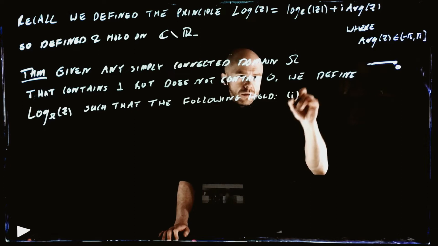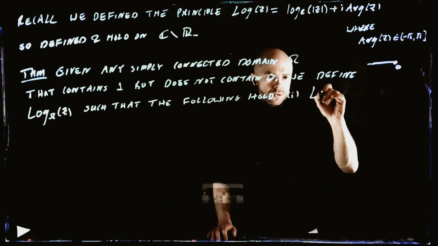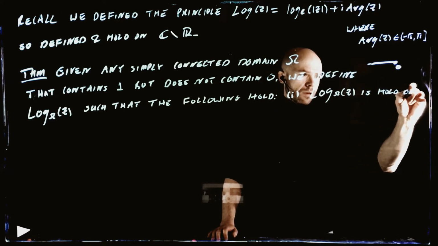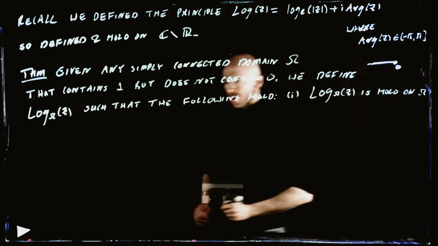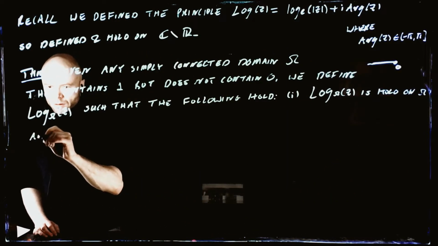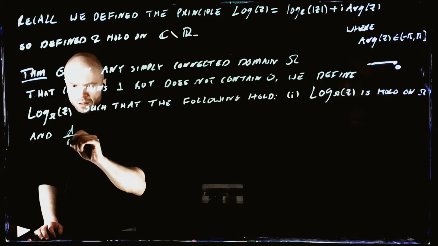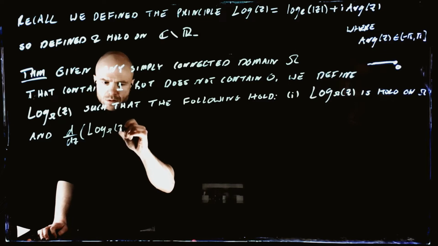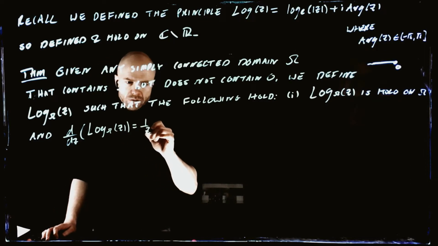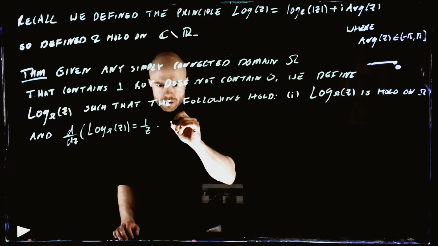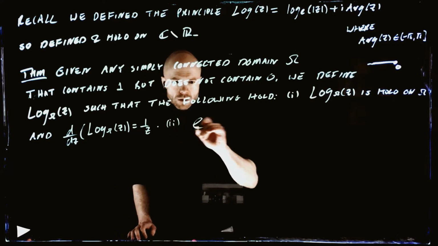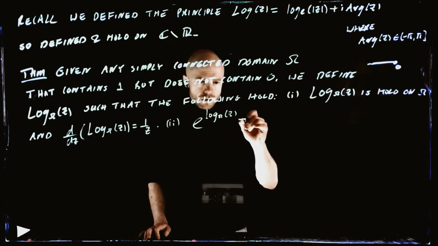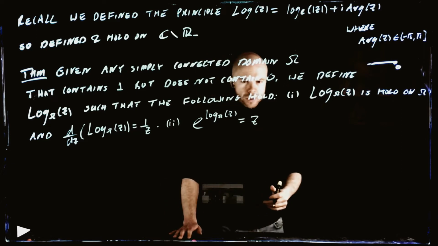So 1, this is a holomorphic function on Omega, and d by dz of it is 1 over z. Second property, e to the log omega of z equals z, because it is indeed an inverse to the exponential function.